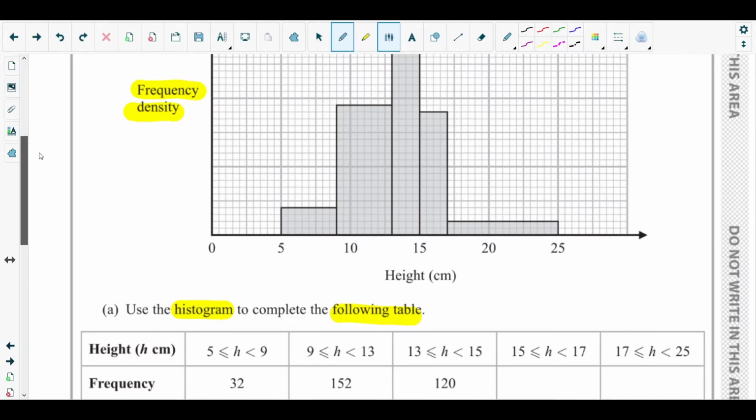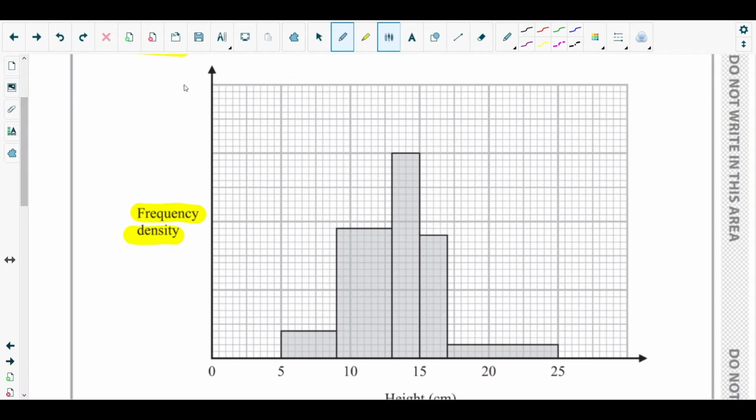The problem is that along the y-axis the labeling for the frequency density is not given.